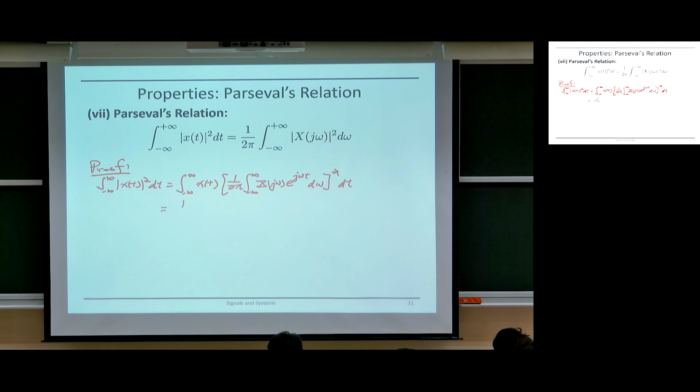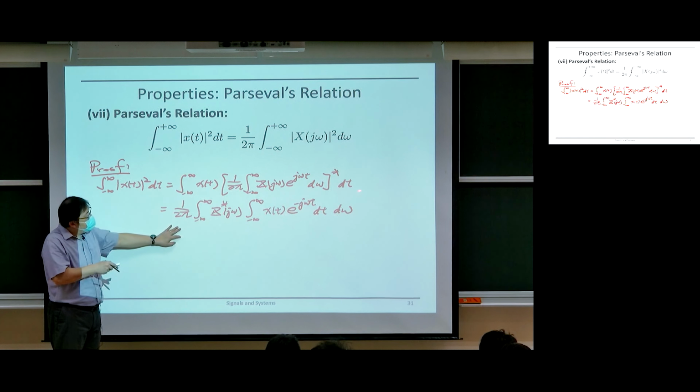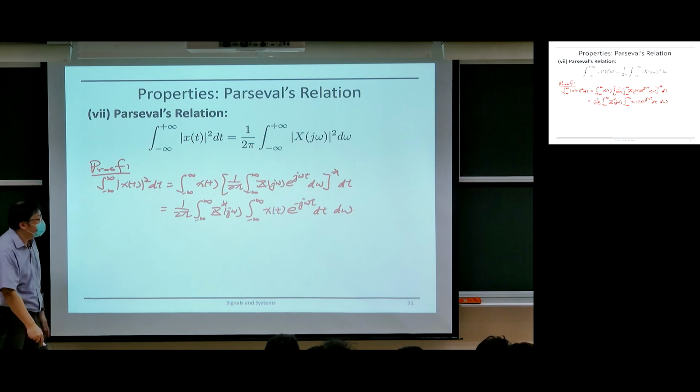So you get 1 over 2 pi, integral of x of j omega complex conjugate, times x of t e to the minus j omega t dt d omega. So I'm moving dt inside, d omega outside. The complex conjugate moved inside gives you a negative sign in the exponent here, and also a complex conjugate on top of capital X.